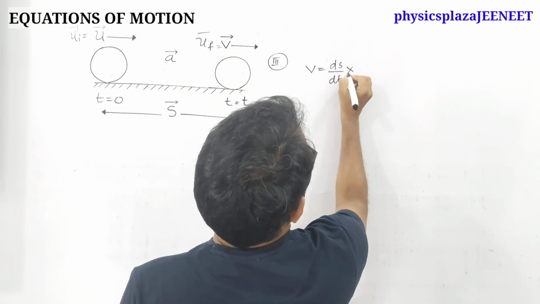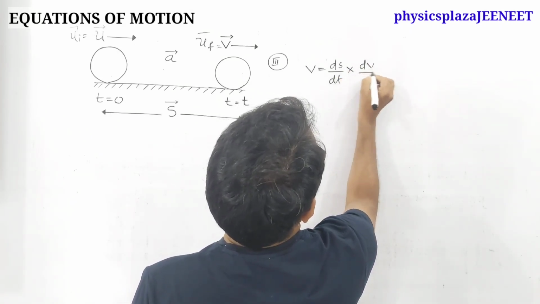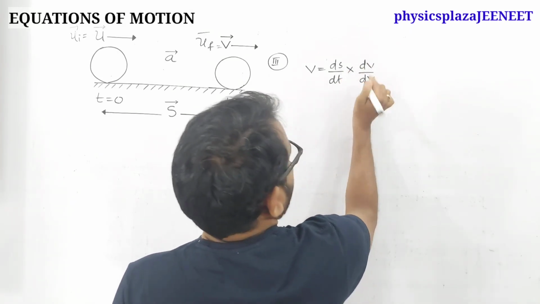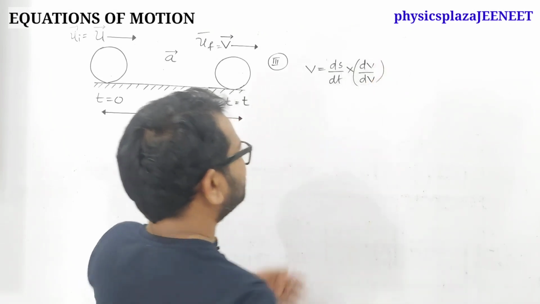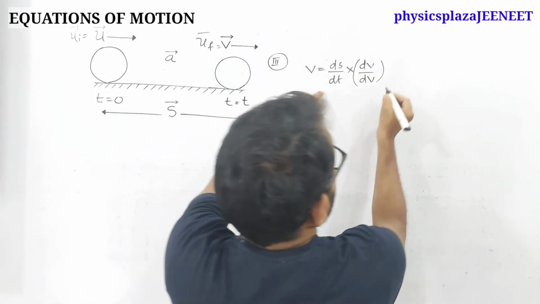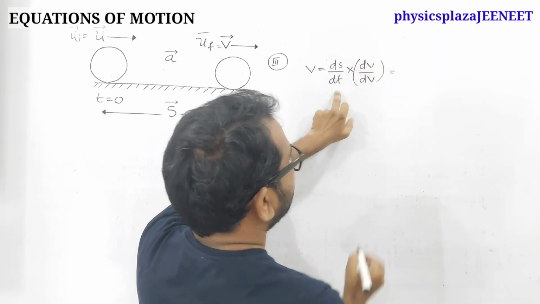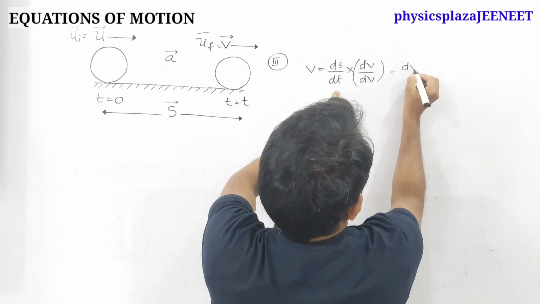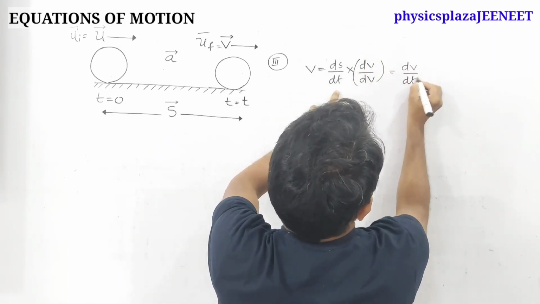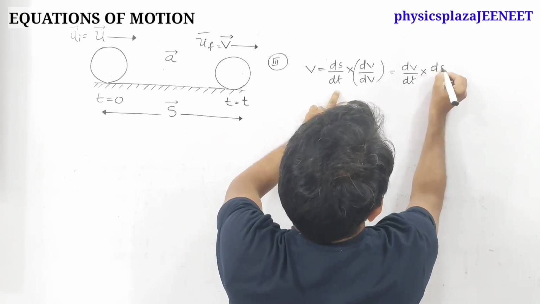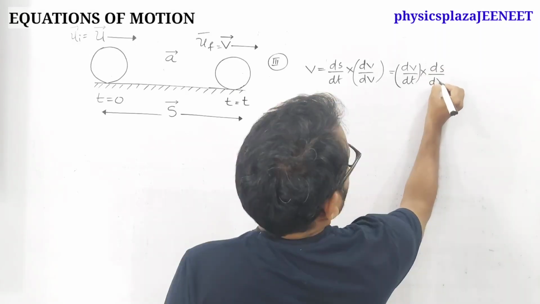Children, here let us multiply with dv and divide with dv. Anyhow, this will get cancelled, it will be 1 only, so nothing makes a difference, right? Okay. So this can be written as ds by dv and dv by dt. Can we write? Yes, we can write dv by dt into ds by dv.